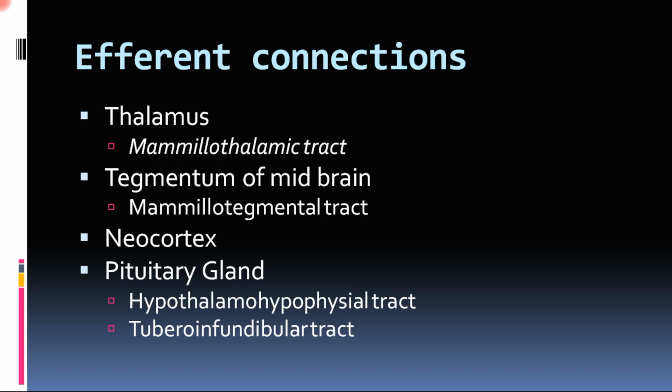Then coming to the pituitary gland, the last efferent which we are going to discuss is the efferent to the pituitary gland, which is of two types: the hypothalamo-hypophyseal tract and the tubero-infundibular tract. What is the hypothalamo-hypophyseal tract?